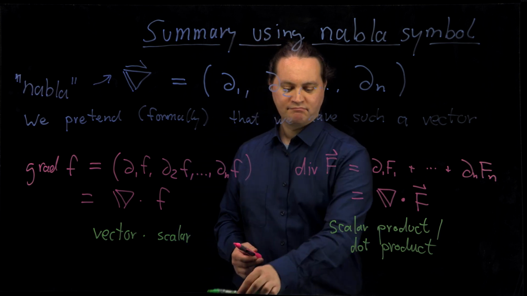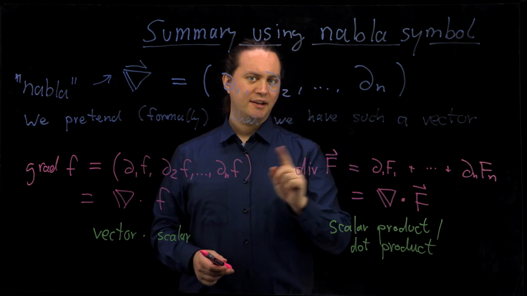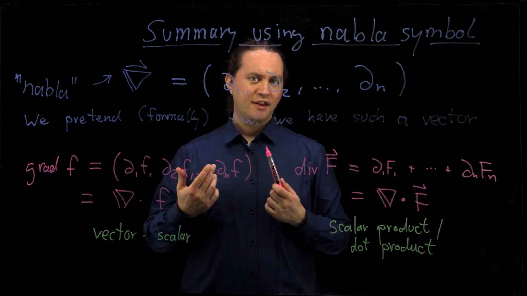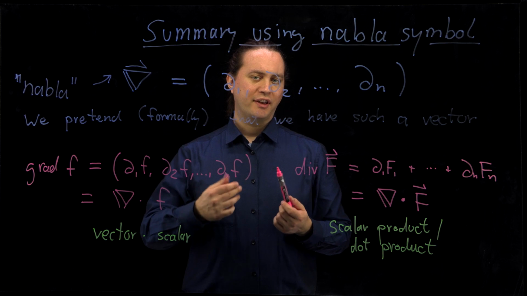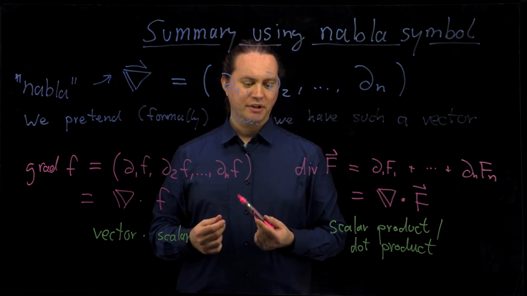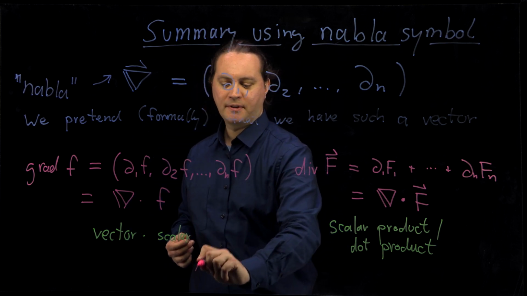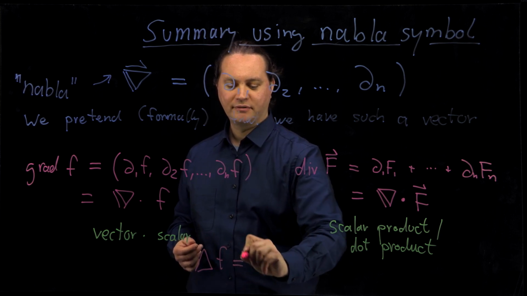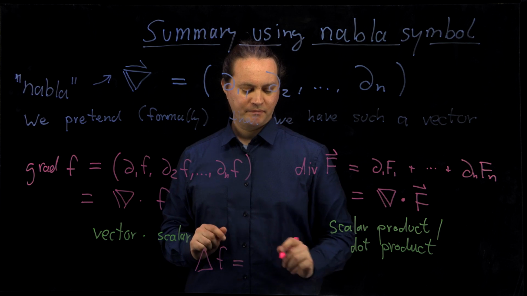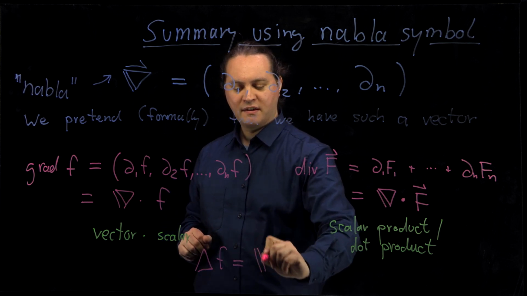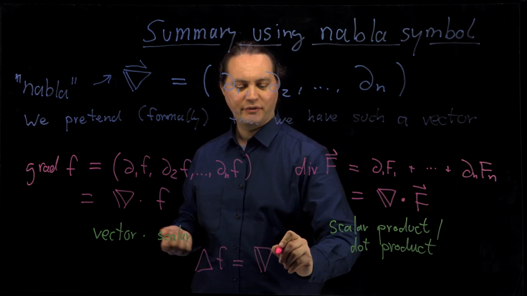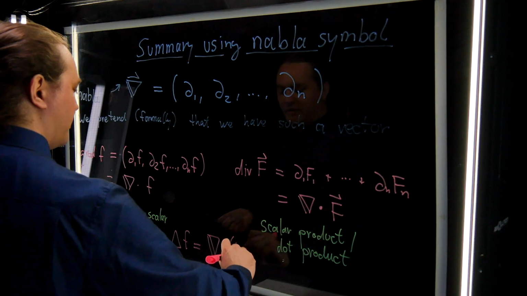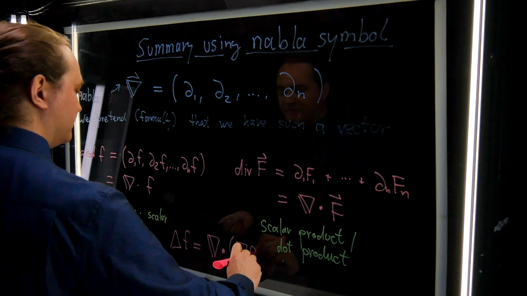Finally, since we have already done the gradient and the divergence, the Laplacian can also be expressed as an operation using the nabla vector, the nabla symbol. We just have the Laplacian of f equals, formally speaking, the divergence, which is a dot product with nabla, of nabla times f, the gradient.